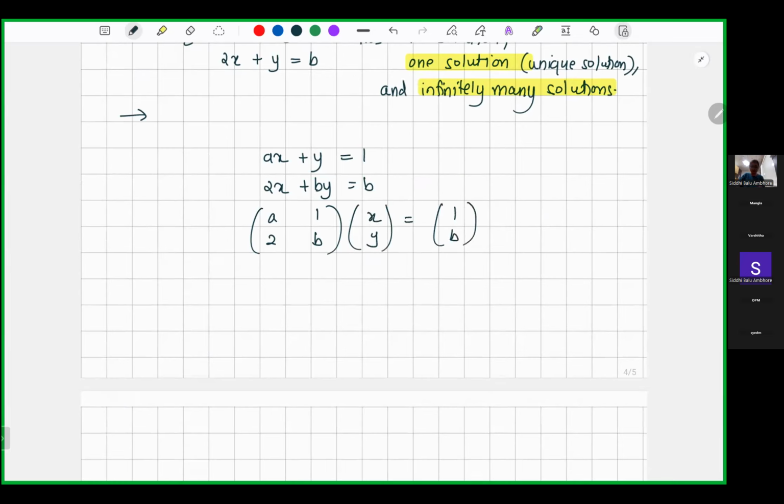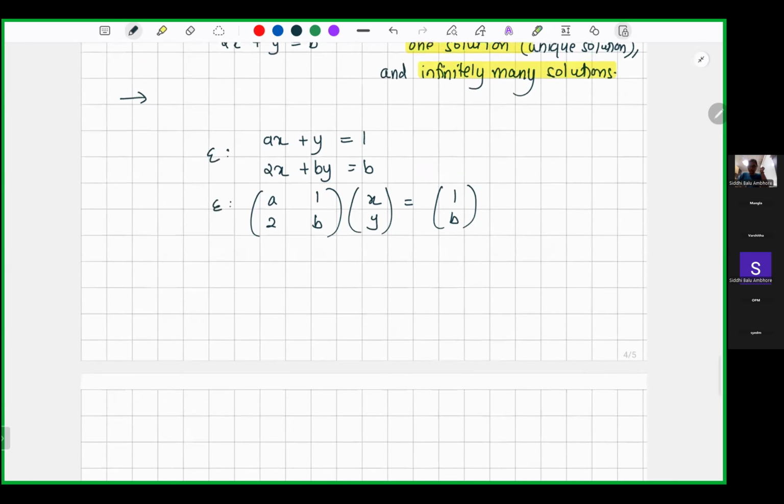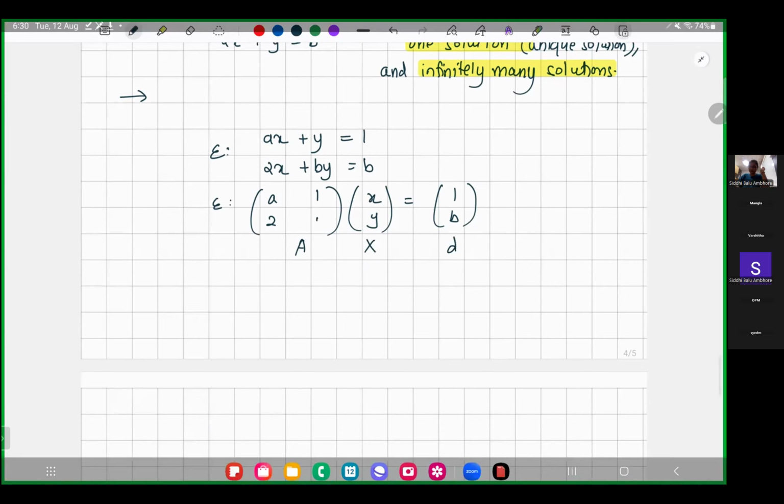Is this okay? So I'm just writing this in matrix form. And as I said before, if I call them Ax is equal to this b, and this b is different, so let me call this capital B, or let me call this D here. Sorry, here it was 1.